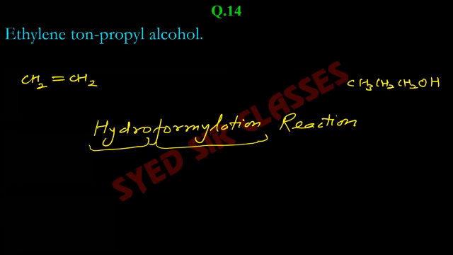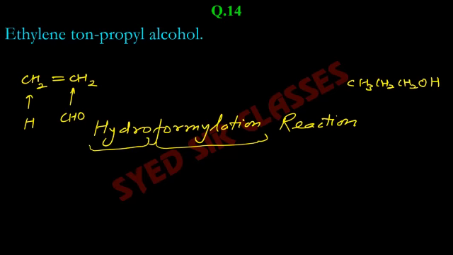Means on one carbon you will add hydrogen, and on another carbon you will add the formyl group, the aldehyde group. So basically it is called the hydroformylation reaction. How do you do that? That reaction you need to remember: react it with carbon monoxide and hydrogen in the presence of a catalyst, and we are talking about complex compounds.